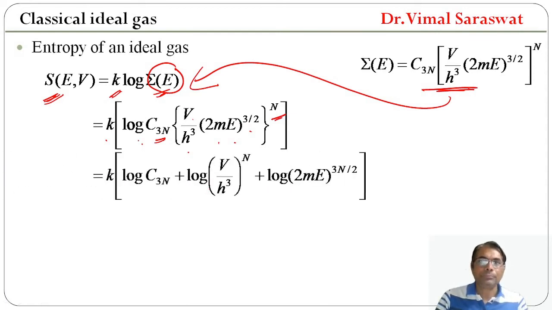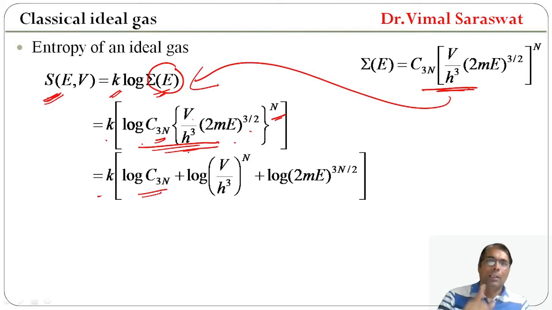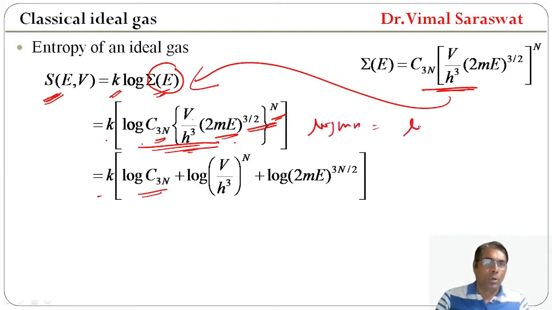Now we apply log m into n equal to log m plus log n here. So S equal to K, and this will be log C3n plus log (V by h cube) whole power n plus log (2mE) whole power 3/2 n. So on applying log m into n equal to log m plus log n here, we get this value.